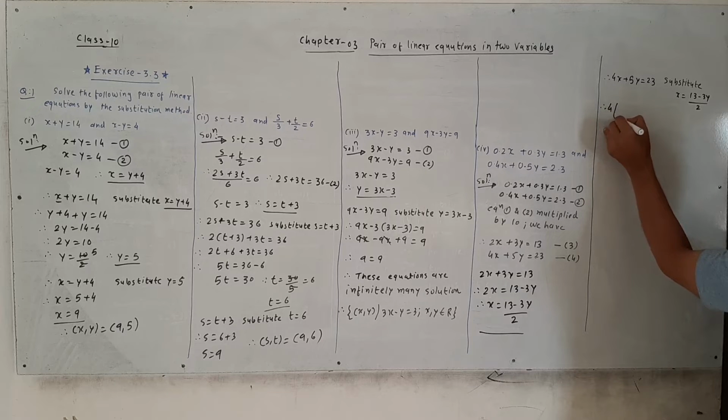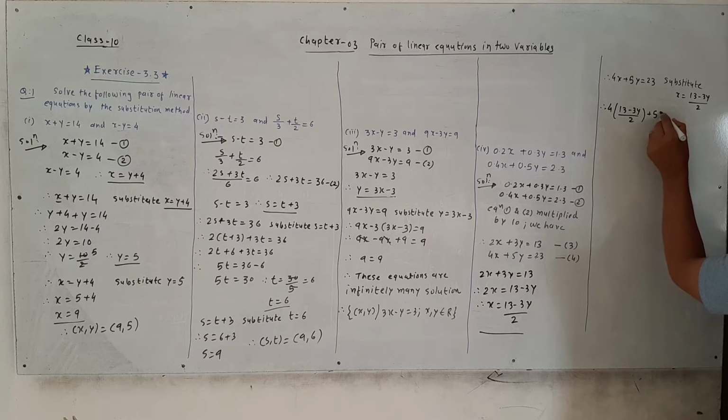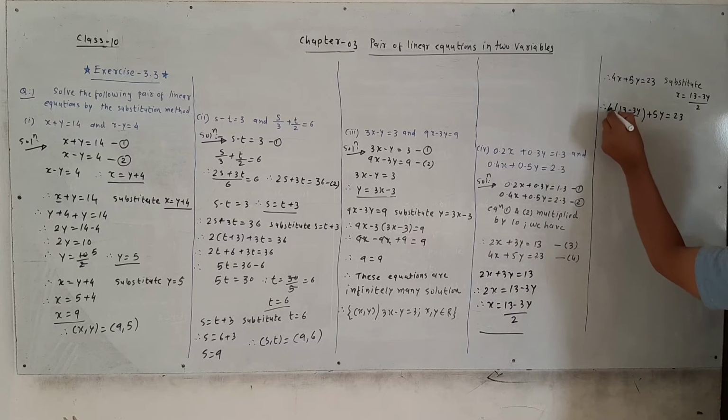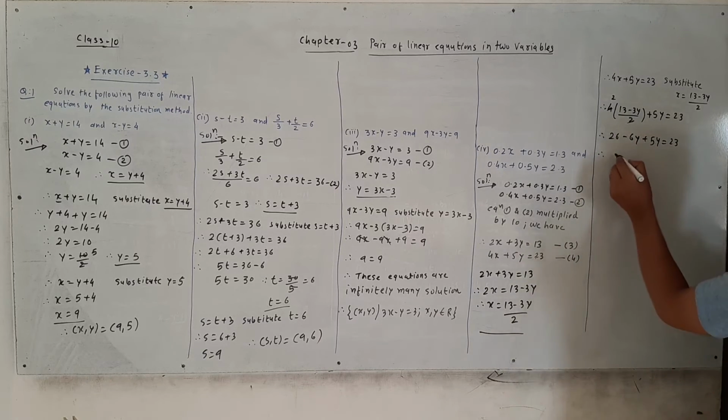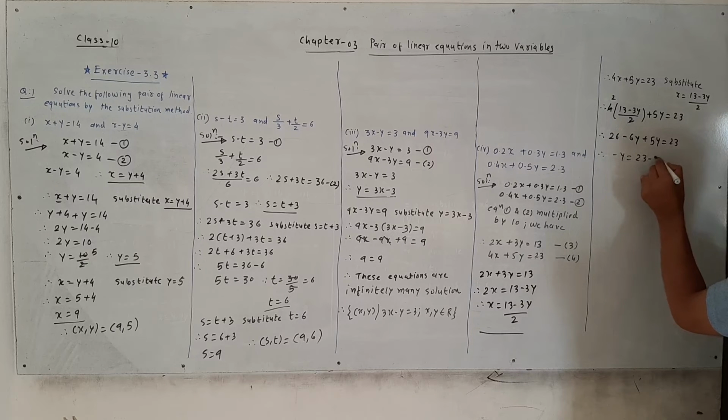Therefore 4 times (13 minus 3y) whole divided by 2 plus 5y is equal to 23. 2 2s are 4, 2 multiply with this: 26 minus 6y plus 5y is equal to 23. Minus 6y plus 5y is equal to minus y. 23 minus 26 is equal to negative 3.